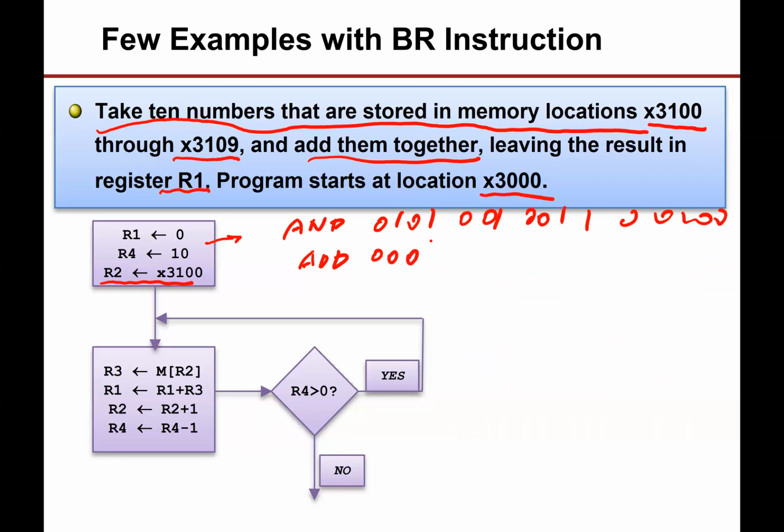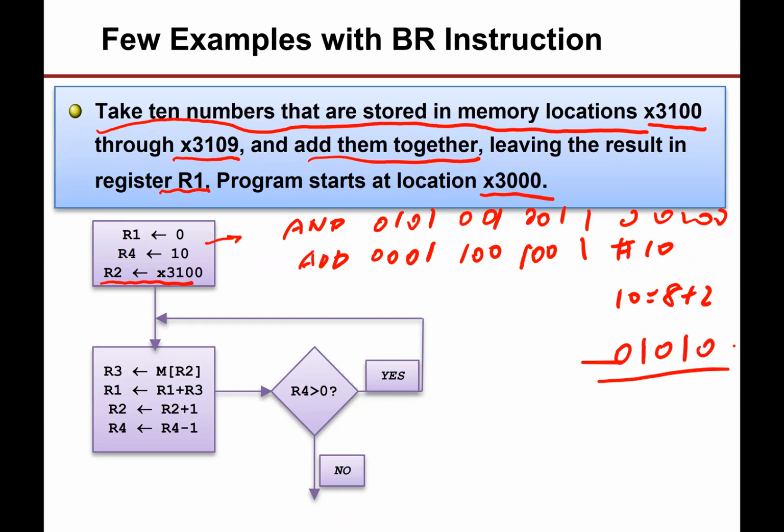So R4, and that is immediate, and then decimal number 10. 10 is, you can calculate it, 01010, right? So this is the number 10.